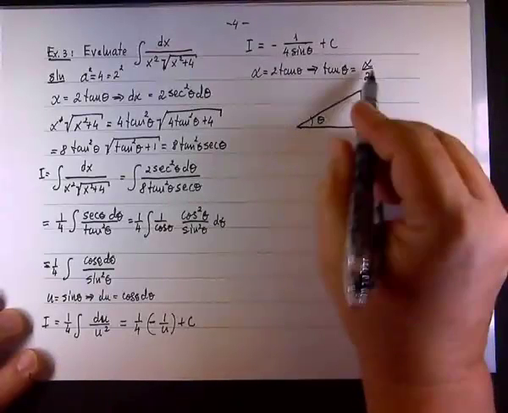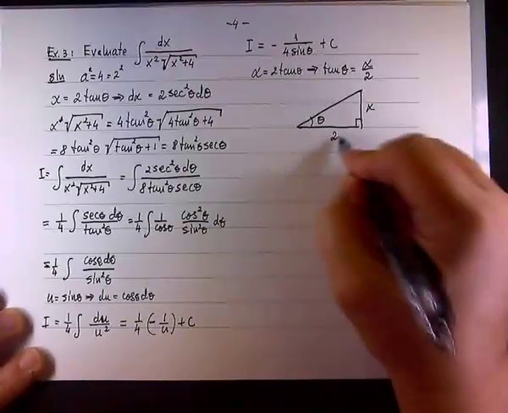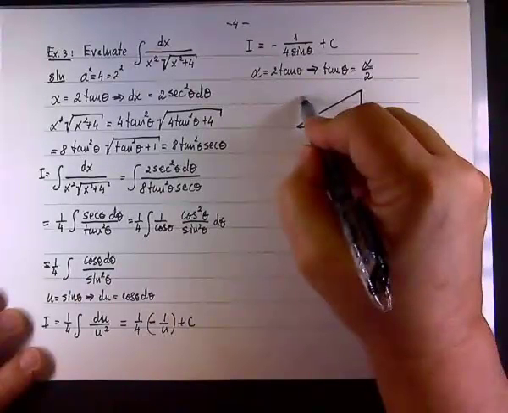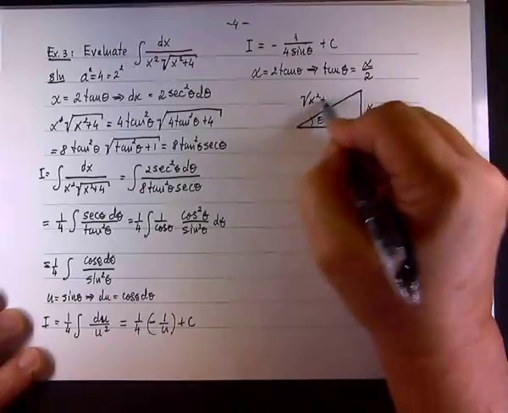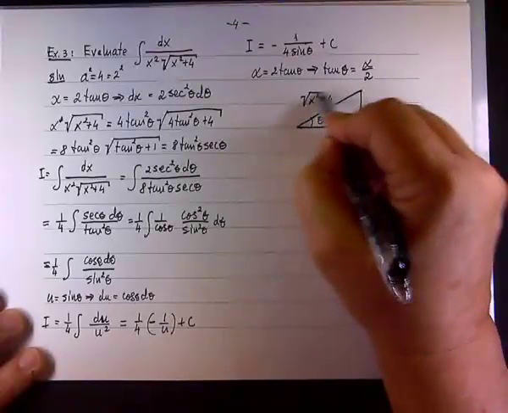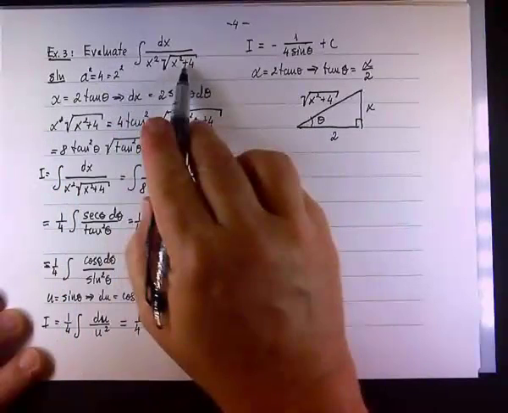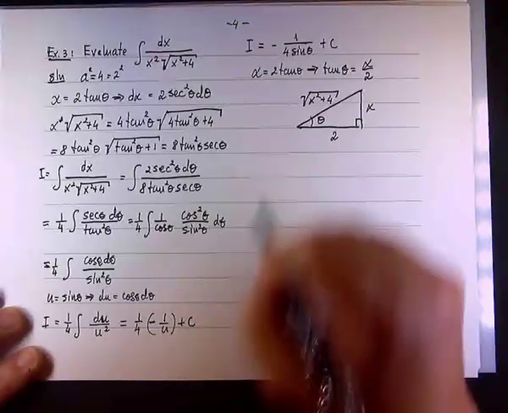Okay? The tangent is opposite over adjacent, so x over 2, and of course the hypotenuse will be the square root of x squared plus 2 squared, or x squared plus 4. Notice that we obtain back the radical. That's the theme here. Okay, now I need the sine.